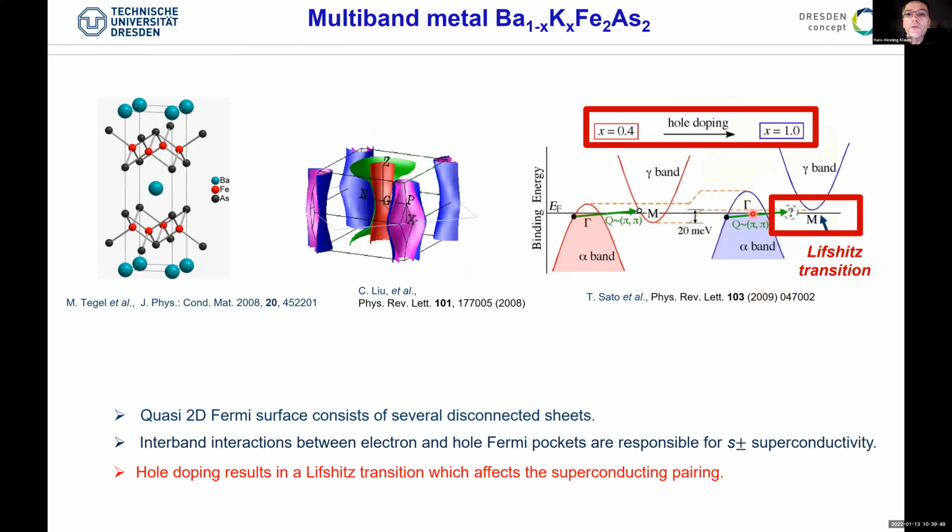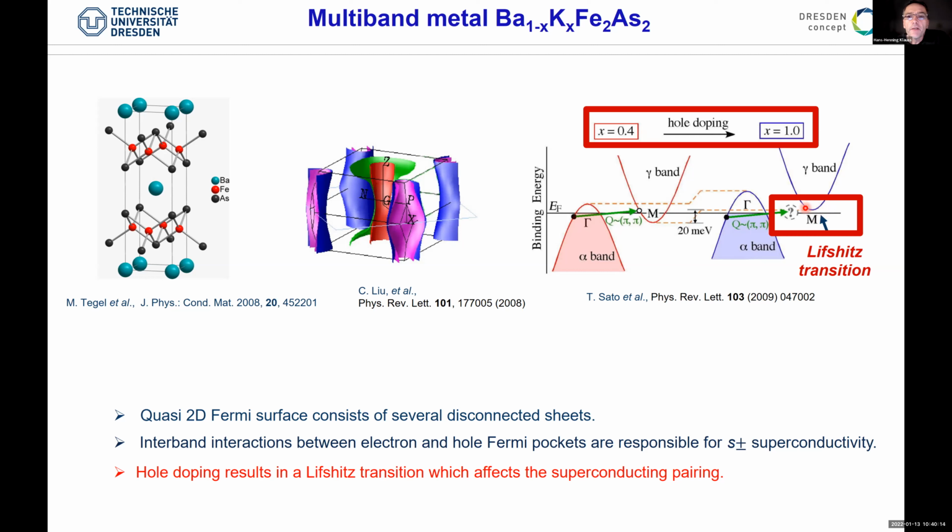So basically, if you hole dope a lot, with more than 0.4 up to 1.0, basically the electron band at the M point, which is usually below the Fermi surface, here's the electron pocket, that will be moved up. And basically, you have a Lifshitz transition where the electron band is above the Fermi level. And then you lose a whole Fermi surface.